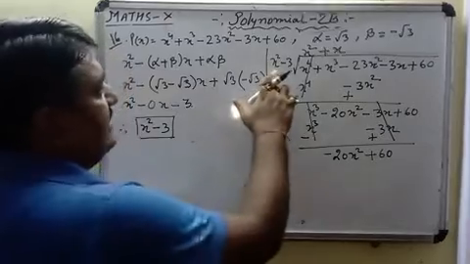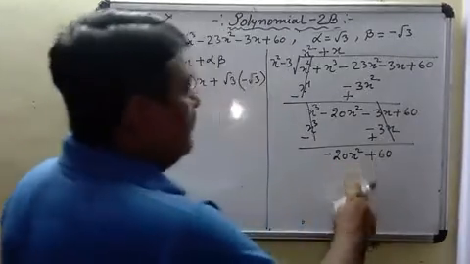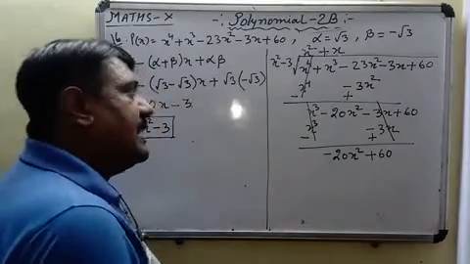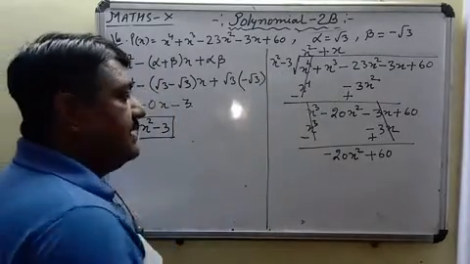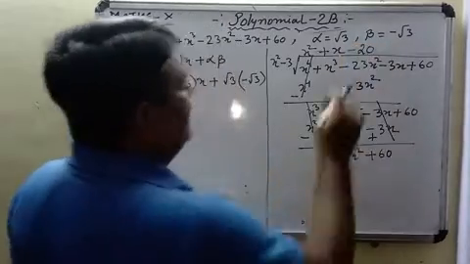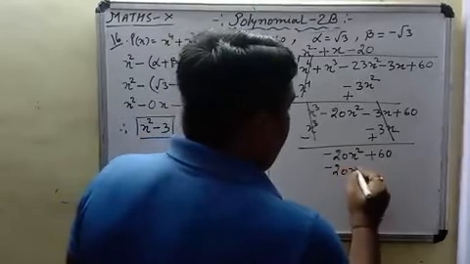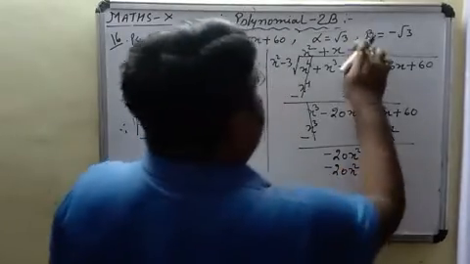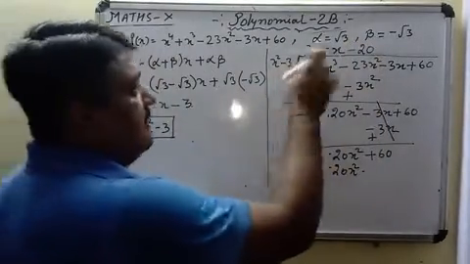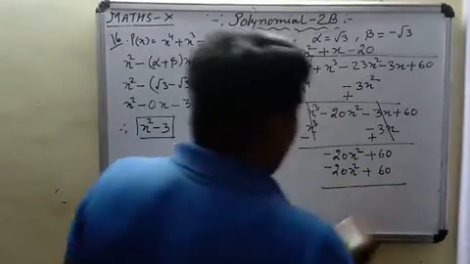We are given with x square and we have to make it minus 20x square. For that we have to multiply this x square with minus 20. Minus 20 से हमने multiply किया. This will become minus 20x square. And minus 20 into minus 3, minus into minus plus, 20 into 3 is 60.